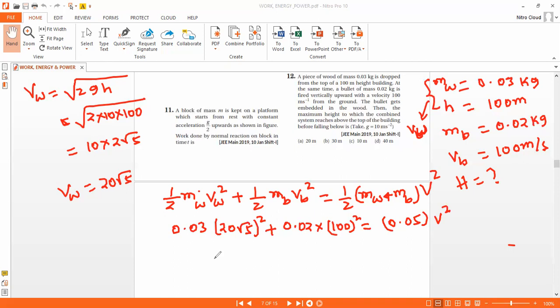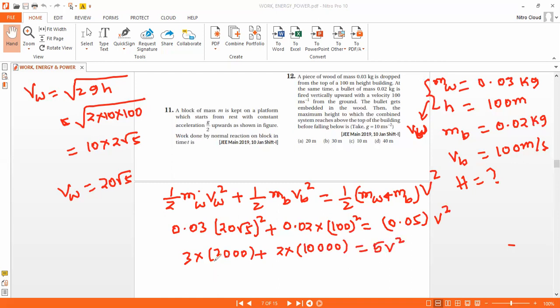So it is 3 into 400 into 5, that is 6000, plus 2 into 10,000 is 20,000, equal to 5v square.